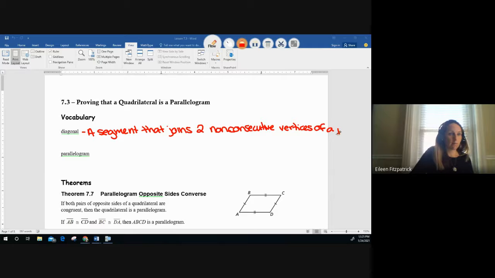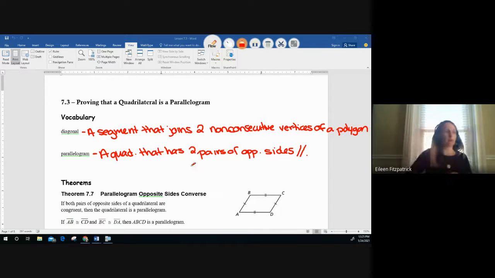And then a parallelogram: a four-sided figure, a quadrilateral, that has two pairs of opposite sides parallel. Okay, so top and bottom are parallel and sides are parallel. All right, so that is a review of your definition.